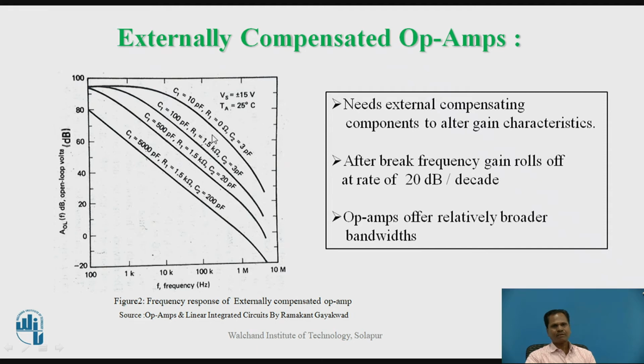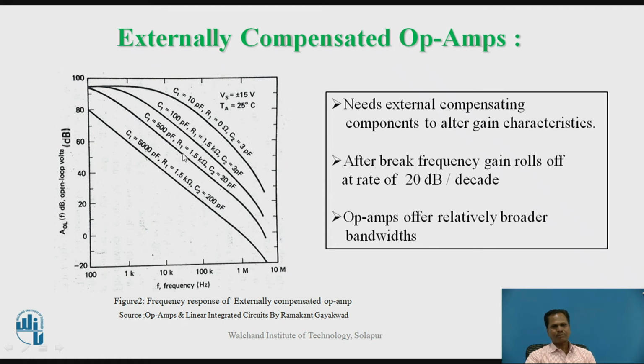So by deciding the values for frequency compensating components like resistor and capacitor, the rate of change of gain, that is the gain characteristics of the operational amplifier, can be modified or controlled.